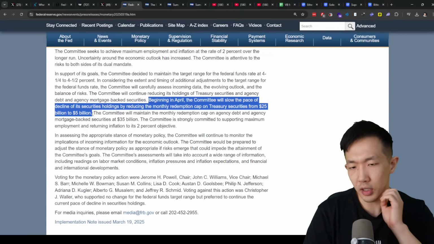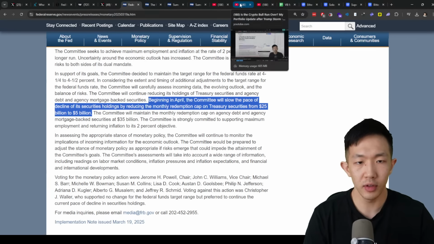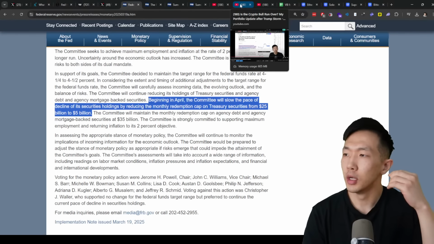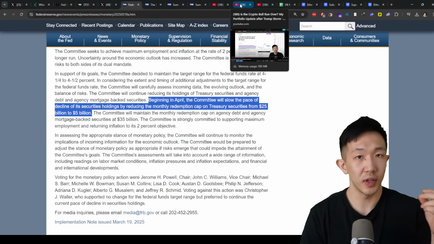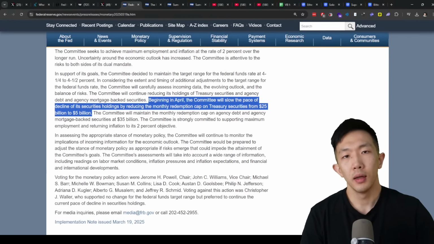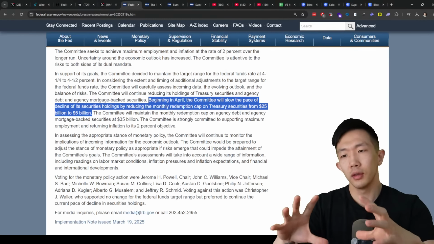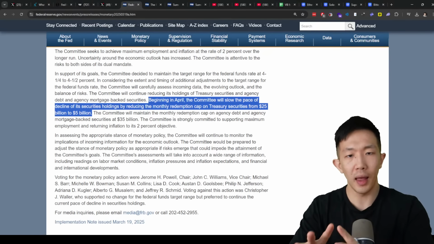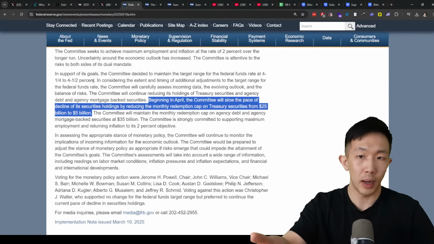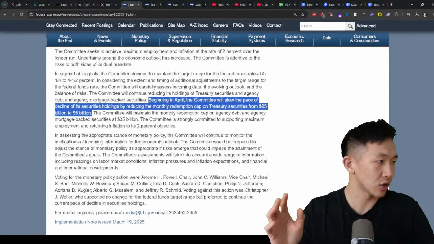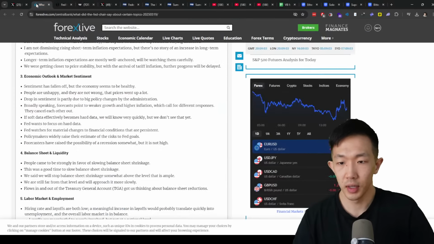So if you look at some of the actual constraints and pressures coming up for the US financial markets liquidity, they are kind of squeezing the treasury quite dry right now. And the Fed has acknowledged this today, according to Jerome Powell's Q&A section. So let's take a look at this.